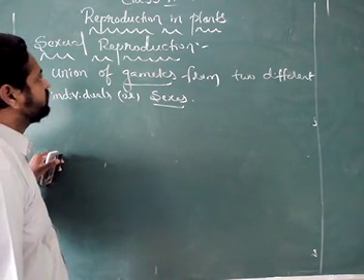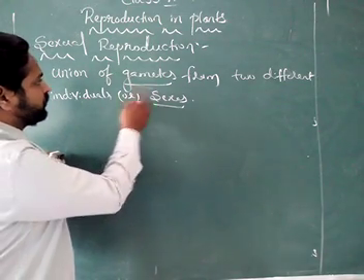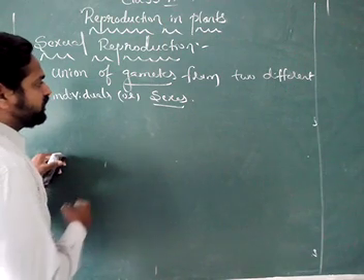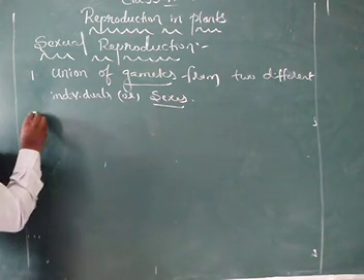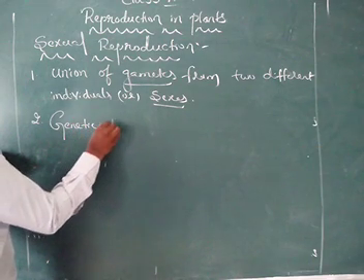Now let us see the sexual reproduction in flowering plants. Here, as a union of gametes from 2 different sexes is seen, genetic variation will occur.